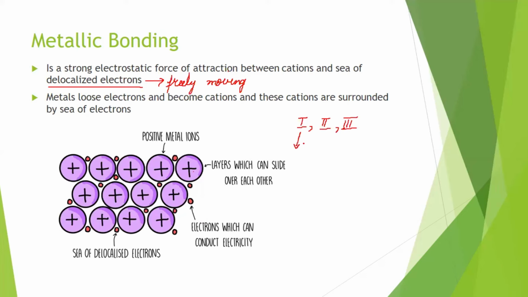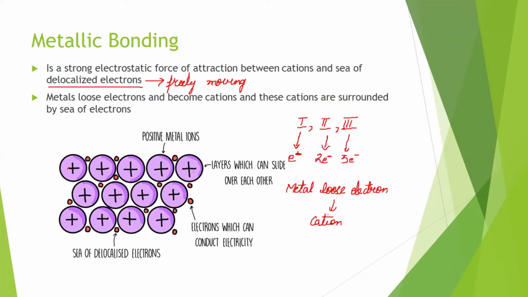Group 1 metals lose one electron, group 2 lose two electrons, and group 3 lose three electrons. Whenever a metal loses electrons, it is converted into a cation. And when a non-metal gains electrons, it forms an anion.